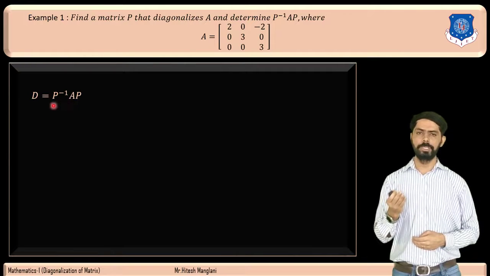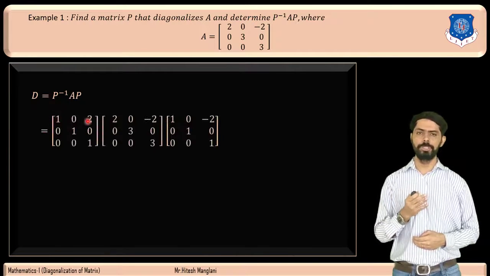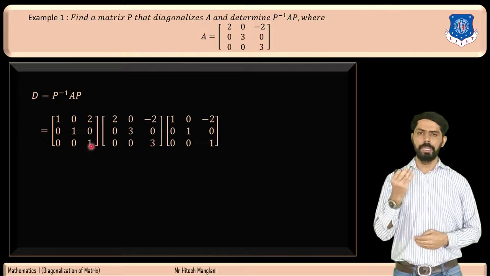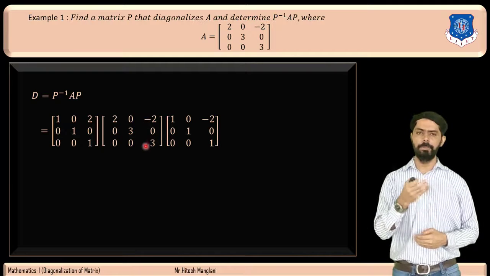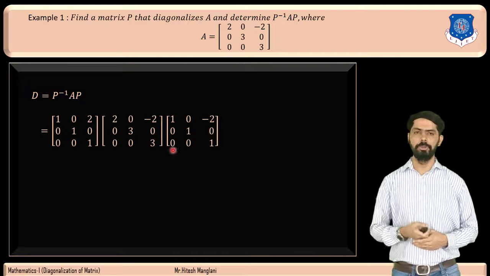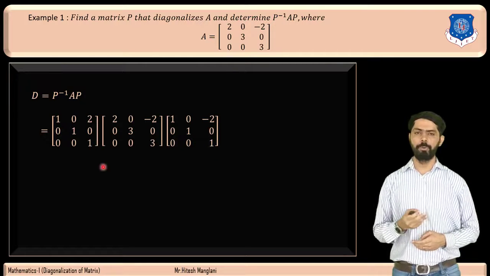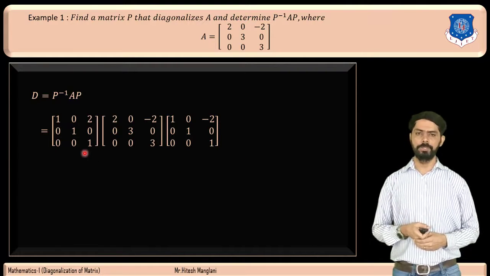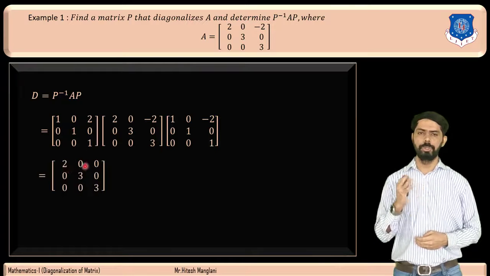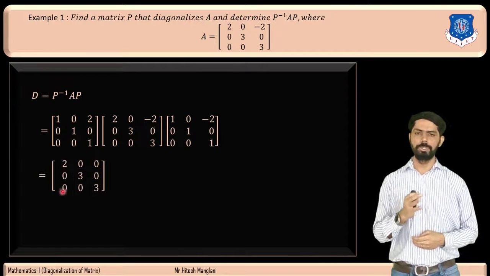Here P inverse is 1 0 2, 0 1 0, 0 0 1, then A is the given matrix, which is 2 0 minus 2, 0 3 0, 0 0 3, and P is 1 0 minus 2, 0 1 0, 0 0 1. Now we will have to find the product of these matrices. If we multiply these matrices, the answer will be 2 0 0, 0 3 0, 0 0 3.